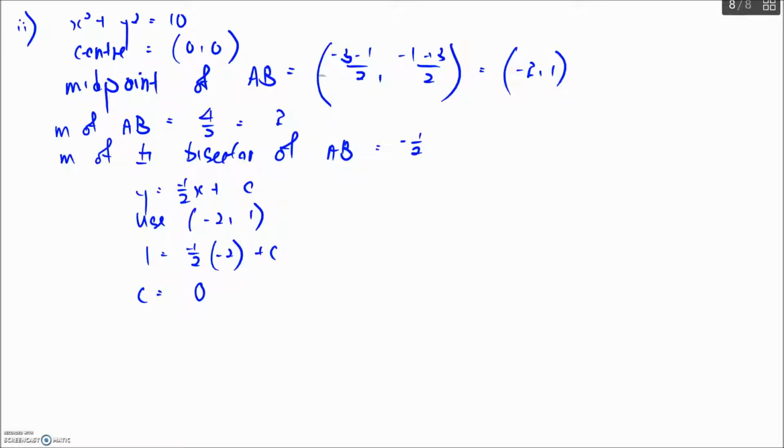What does this mean? It means that y is equal to minus half x, which is the equation of the perpendicular bisector of AB, passes through the origin. And the origin is also the center of the circle. And we have proven part 2.